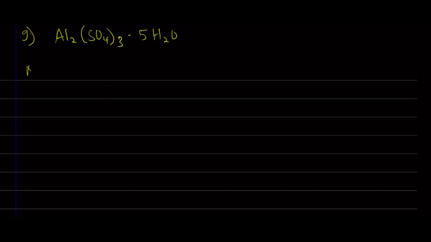So molar mass of this substance is going to be equal to aluminium is 27, but we have 2 of aluminium, plus this 3 that we are seeing. This 3 is affecting SO4.